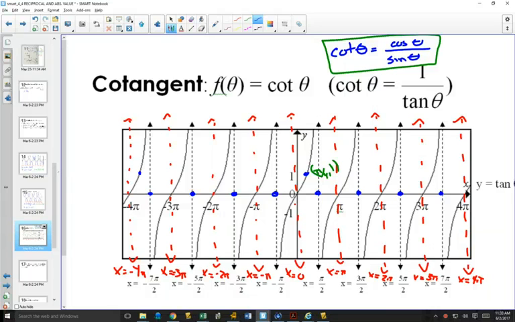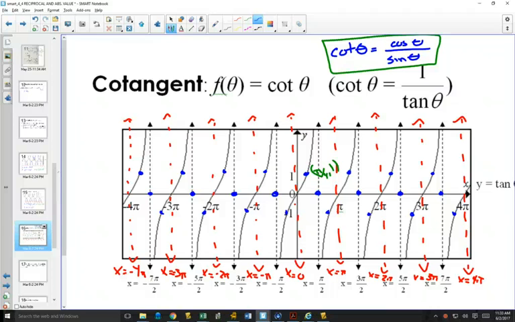In fact, all of these points where the y value is 1, and all of these points where the y value is negative 1, are going to stay the same. So add the x-intercepts where cos is equal to 0, where tan had its asymptotes, and go across where y is 1 and where y is negative 1 and add those points.